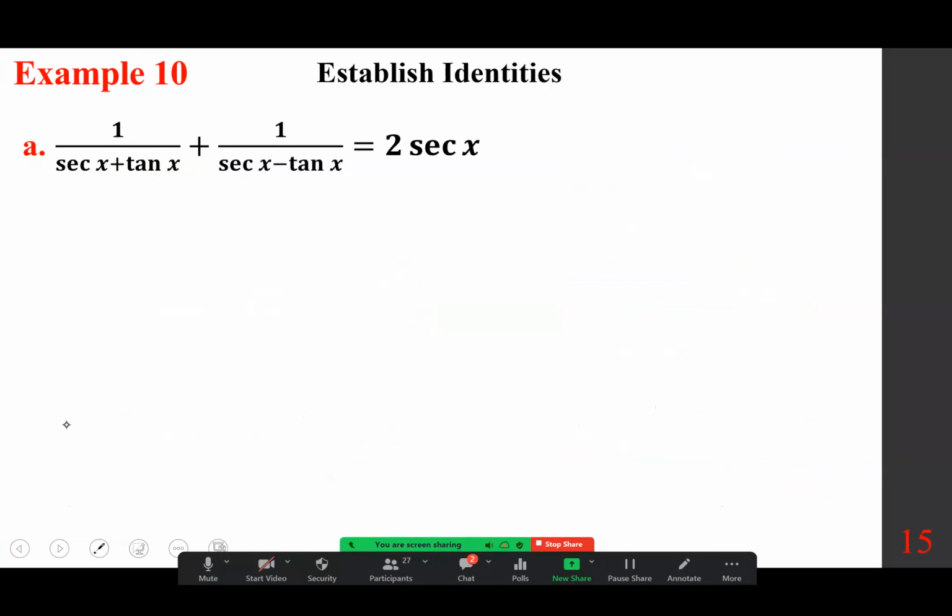We want to establish this identity, and clearly the left-hand side is the more complicated side, which requires adding using the LCD, the least common denominator, everybody.